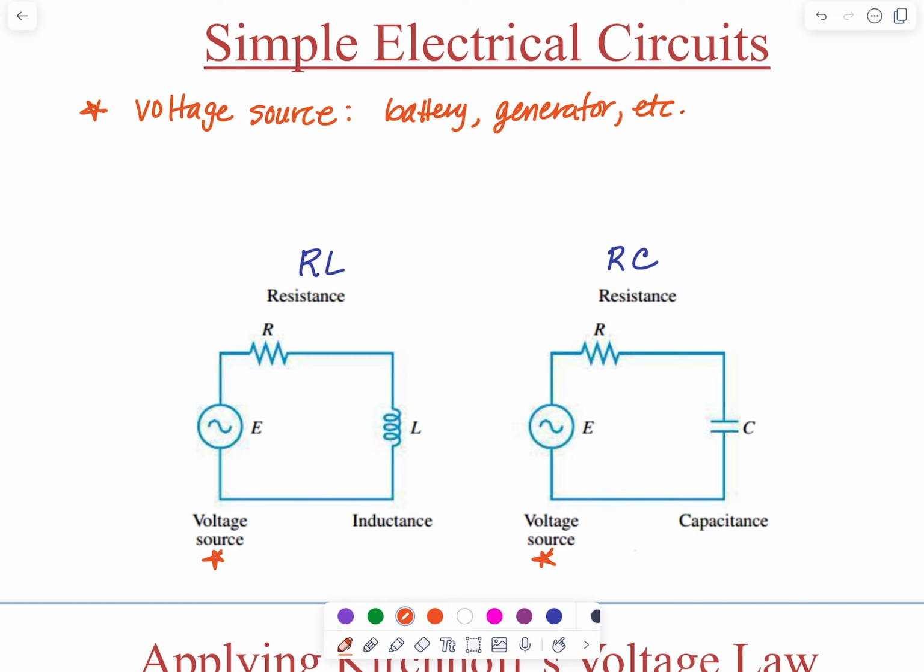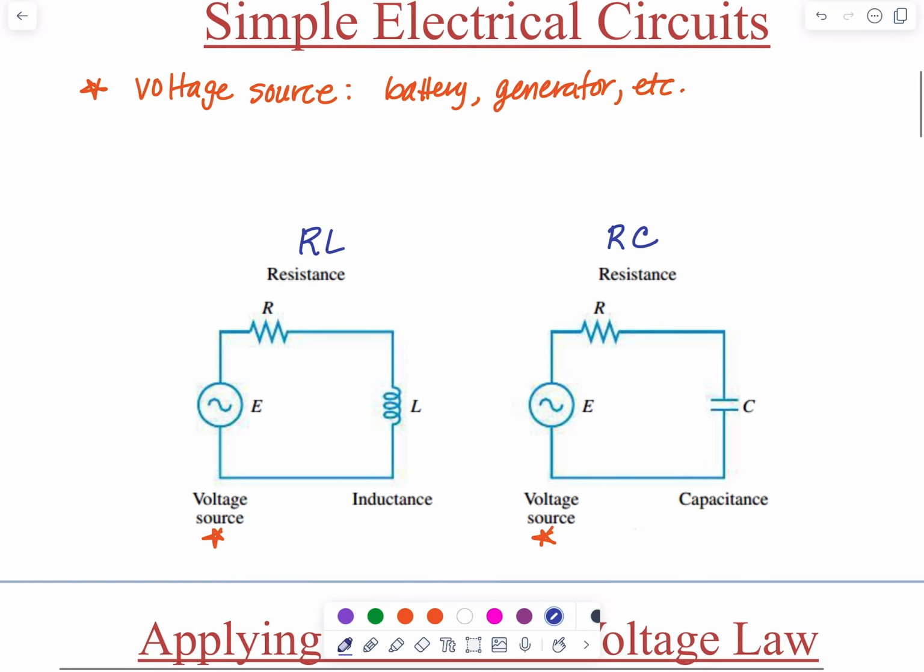Now, in the RL circuit, and in the RC circuit, you can see that we have a resistor. And then in these circuits, you have either an inductor or a capacitor.